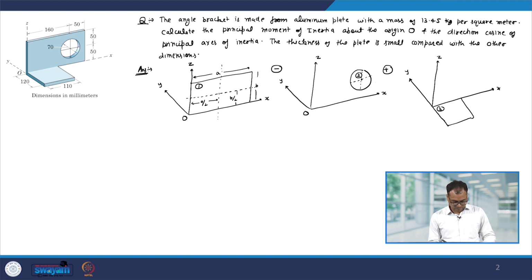It is given that the diameter of this is 70, and it is situated at a distance of 50 mm, and this length is 160.